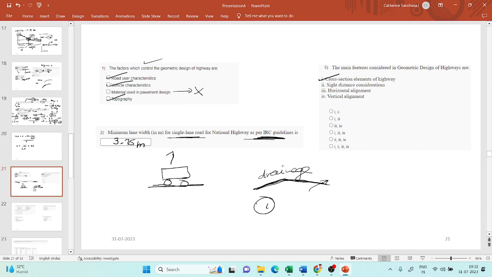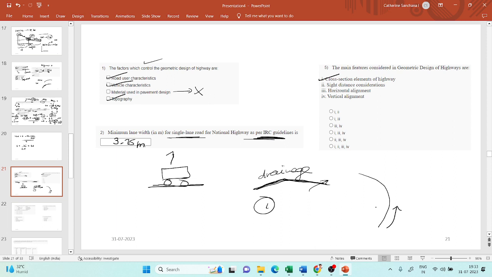There is one more cross-sectional element when you travel on curves. If your vehicle is traveling in this way, it will be subjected to some centripetal acceleration.